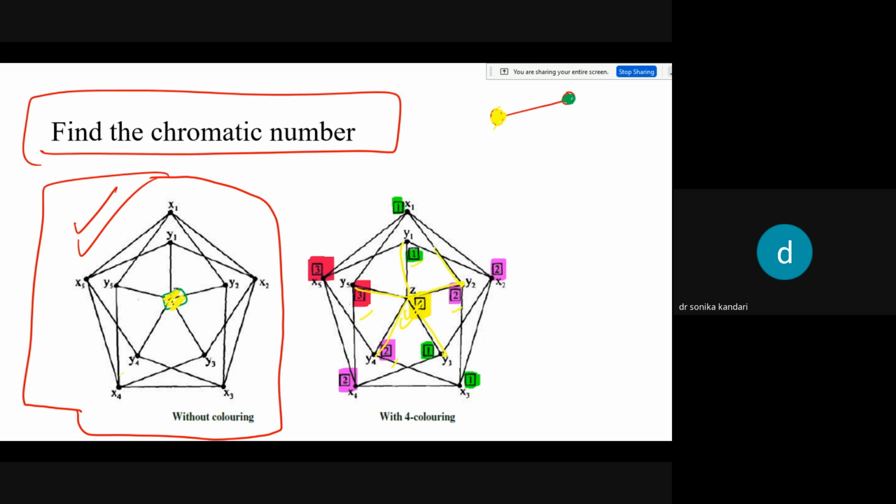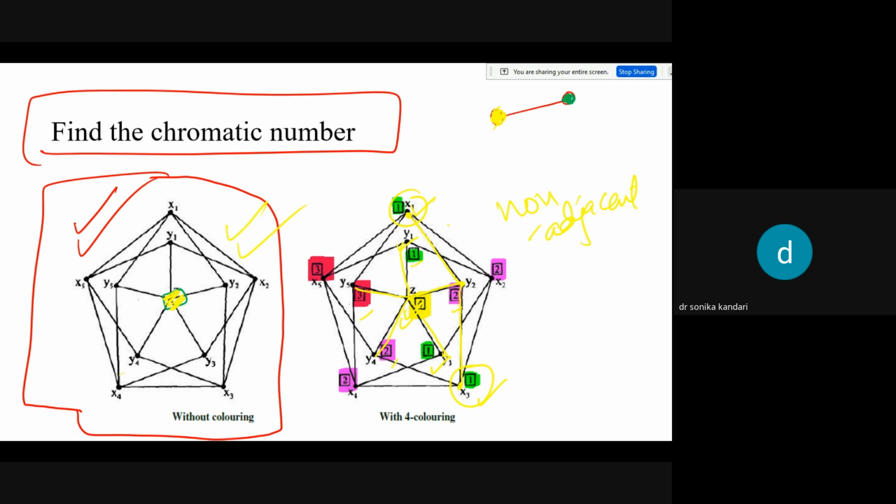So adjacent to y2 we are having x1. X1 is having a different color. See, x3 and x1 are having green color because they are non-adjacent. Green color y1, x1, y3, x3, all are non-adjacent, so they can have a similar color.